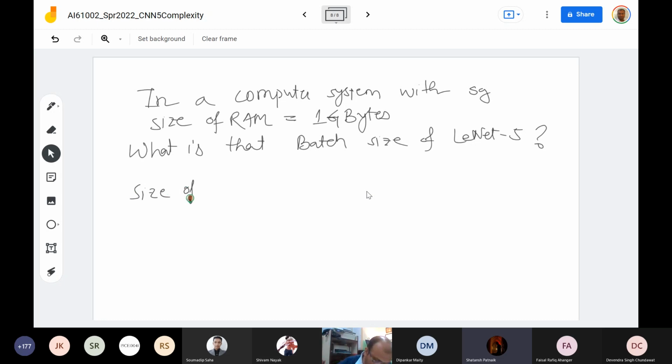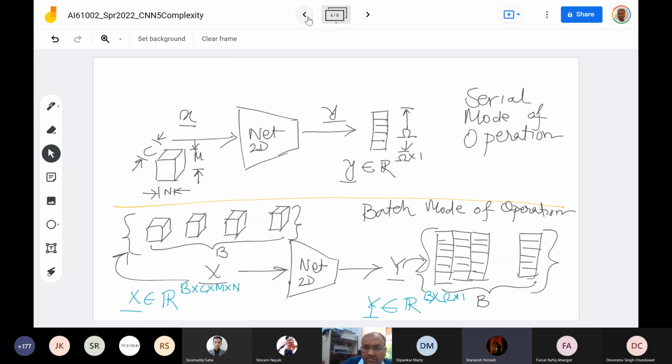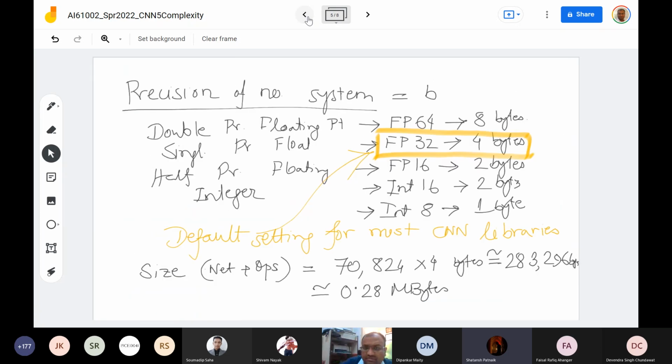size of RAM is equal to the size of network plus B times the precision. How did I define my precision? I was using some variable, I think small b, for precision.